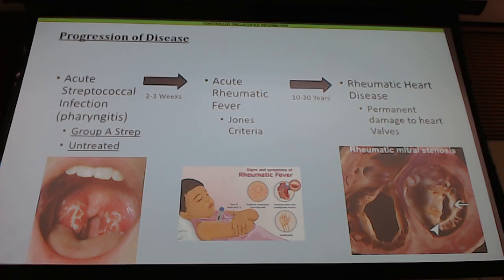So you can see how this could impact a much younger population that should not otherwise have cardiac disease. And it simply comes down to they didn't get their strep throat infection treated. Okay. So it's easily preventable, provided they get the care that they need in a timely fashion.